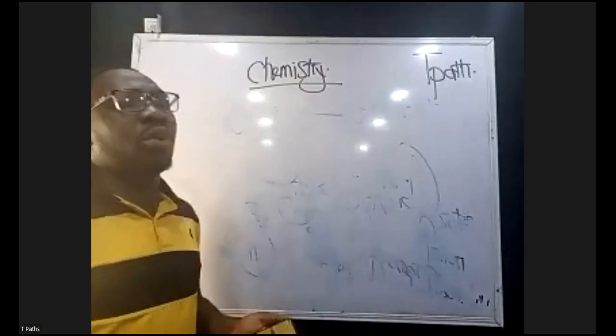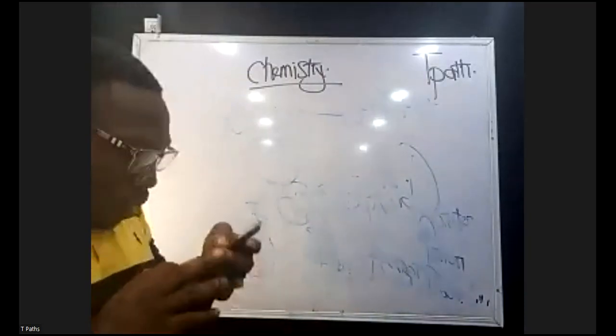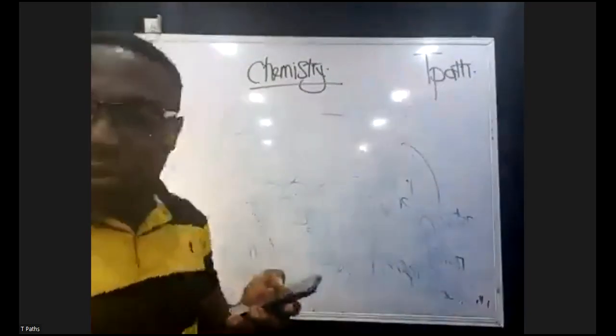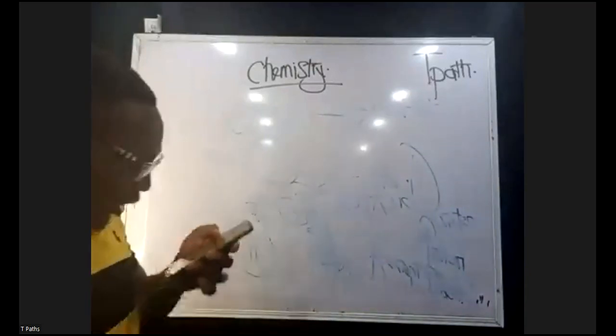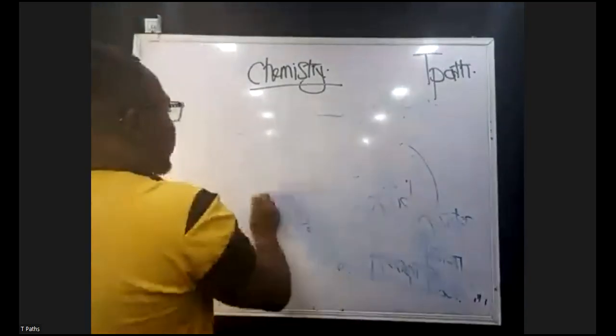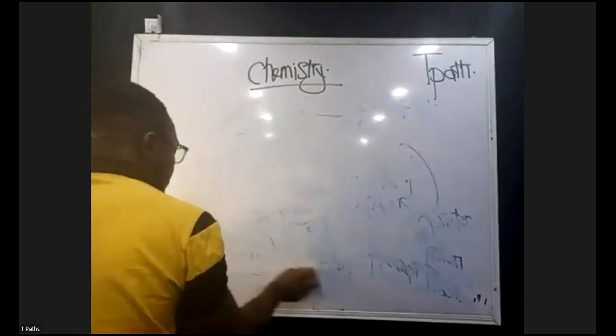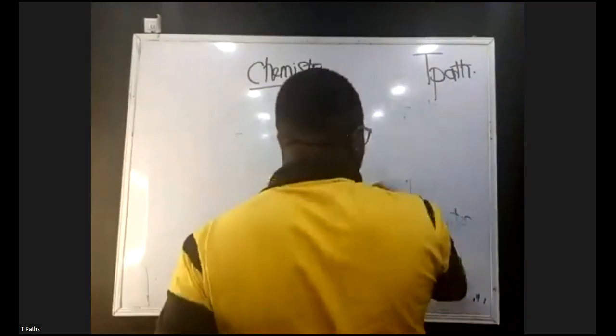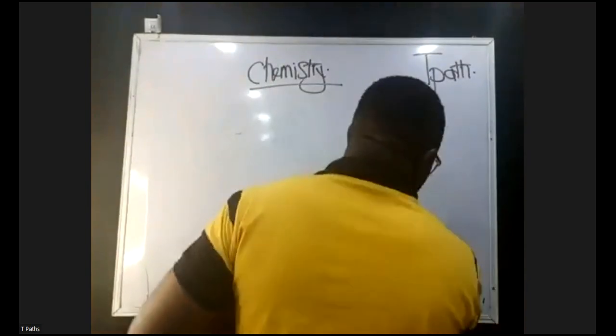We need to know that it gives a conjugate acid and a conjugate base. Let's work with a hypothetical reaction. Let's show that on the board so we can get the gist very well.